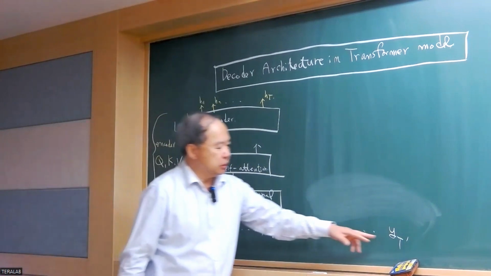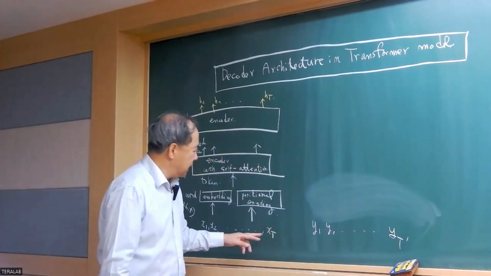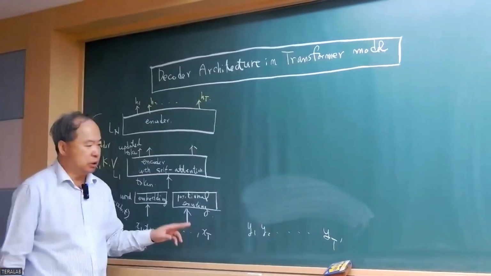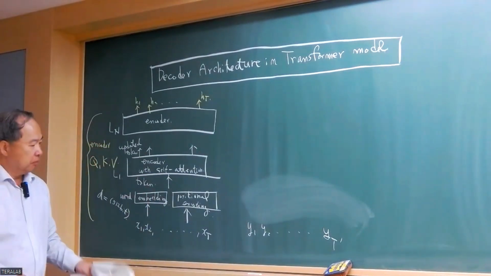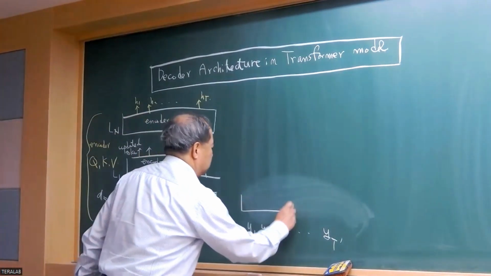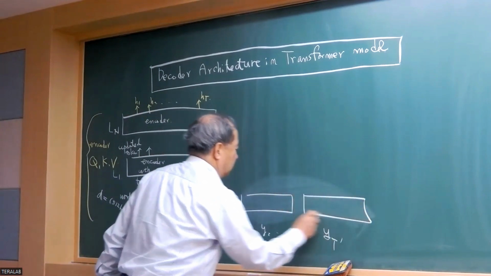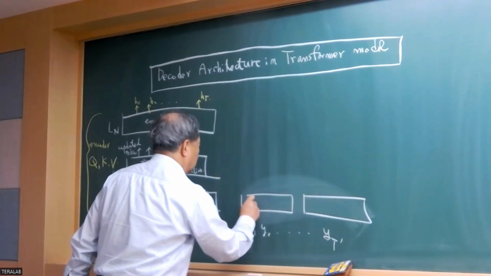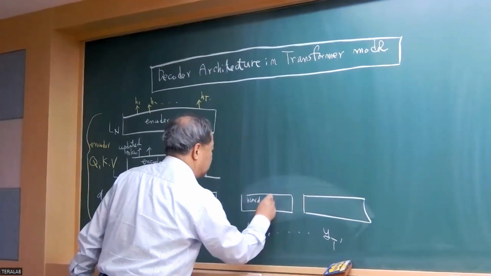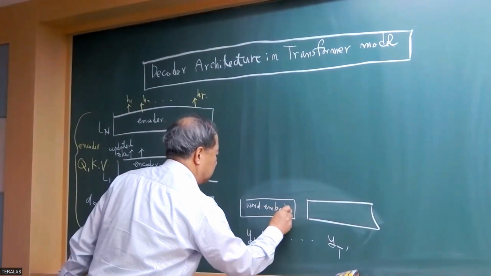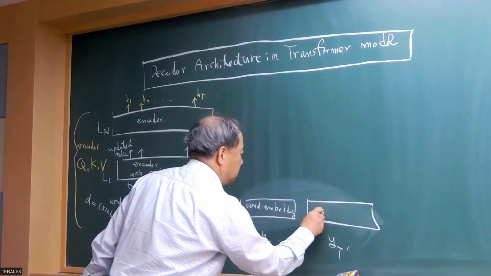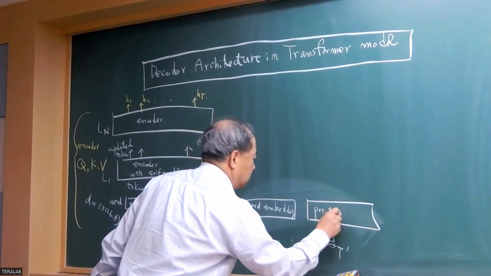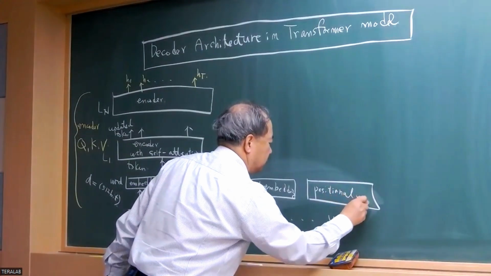The decoder output sequence number T dash may not be the same as the input sequence number. Also, it has word embedding plus positional encoding.